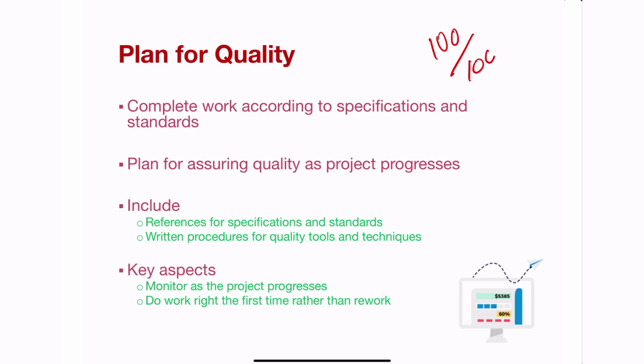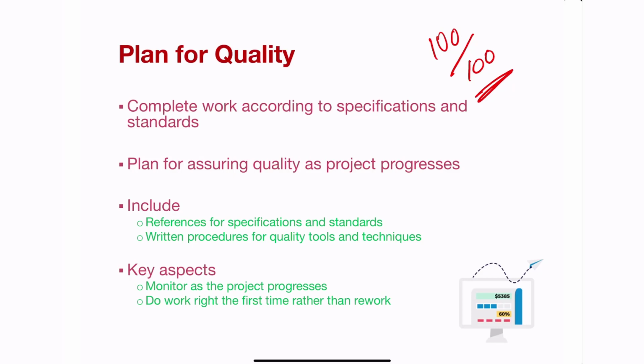Quality is an important part of your scoping process, and quality essentially means that you have delivered 100% of what the client expected you to deliver. And that is what quality is.